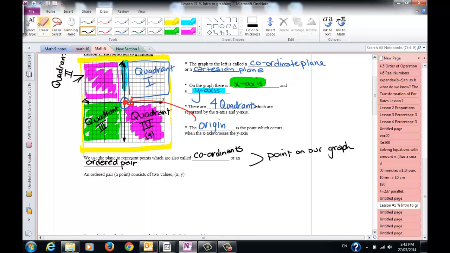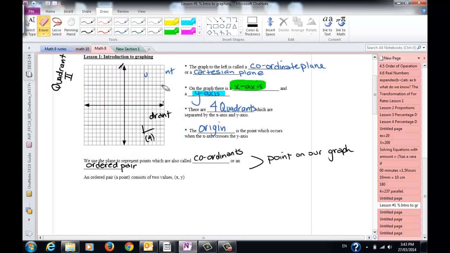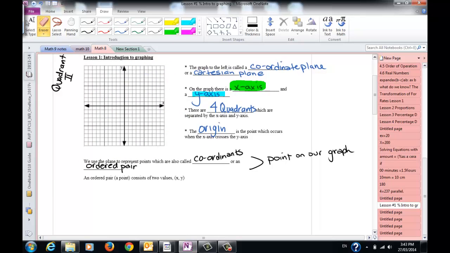So if I'm looking at my graph up here, I'm going to just kind of erase everything. So if I say had a point right here, notice that it's not at the origin, but we want to be able to represent that mathematically. So we use what is called an ordered pair or coordinate, and it has a value for the x and a value for the y.